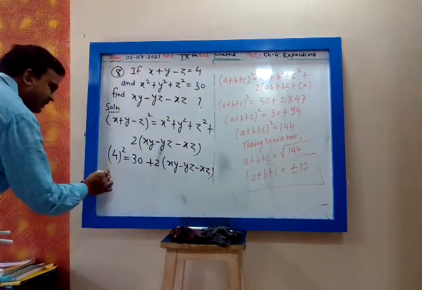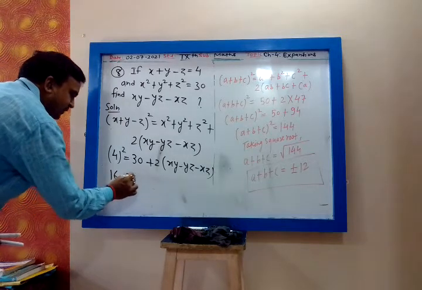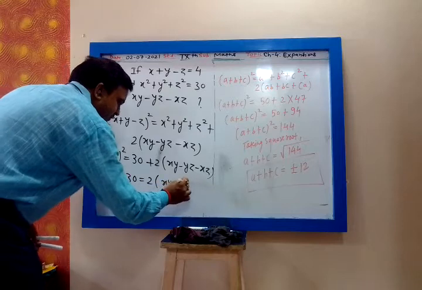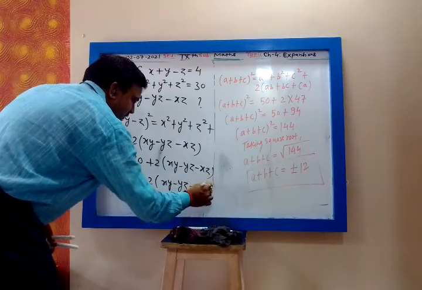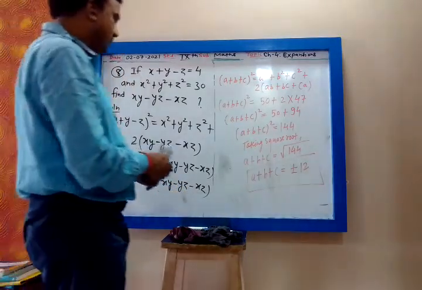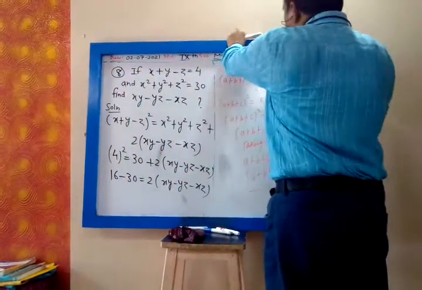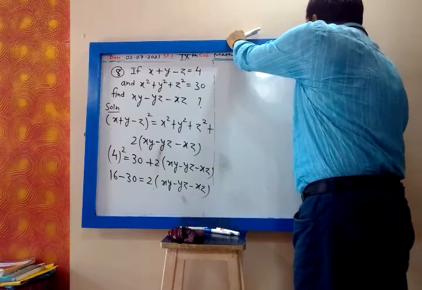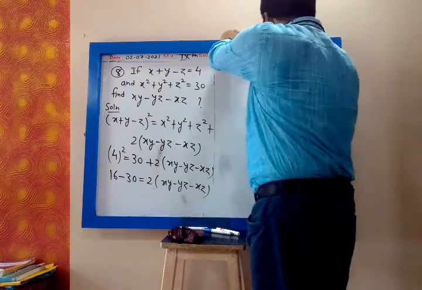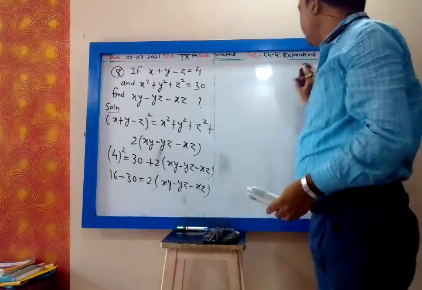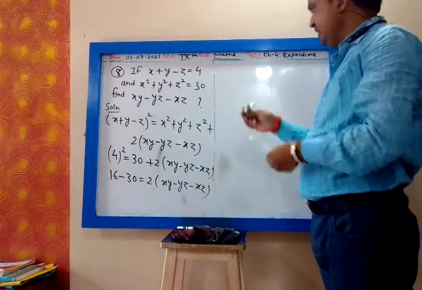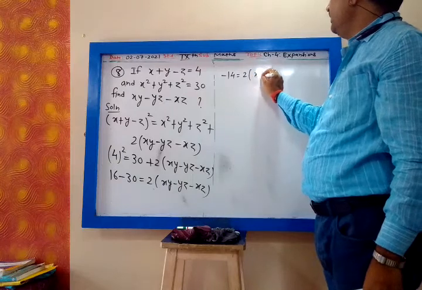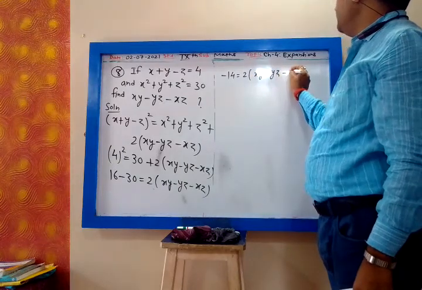4 square is 16, 16 minus 30 is equal to 2 times xy minus yz minus xz. So you will get 16 minus 30 is minus 14. So minus 14 is equal to 2 times xy minus yz minus xz.